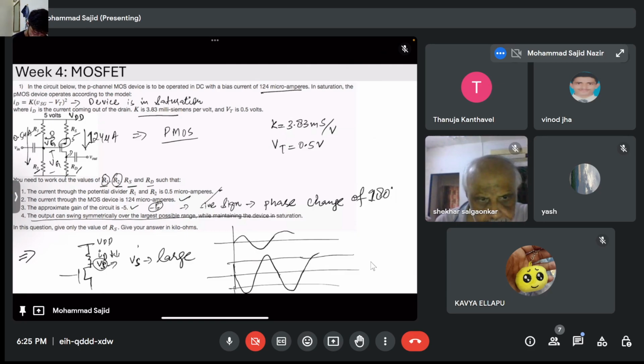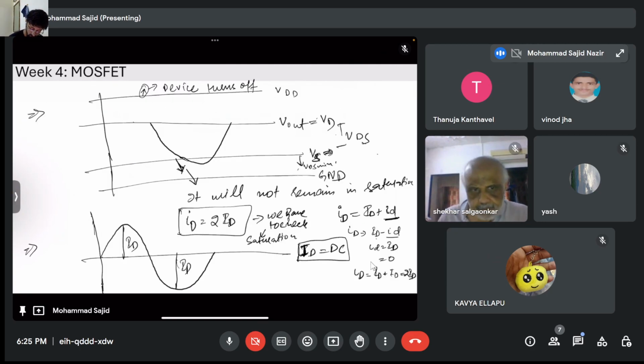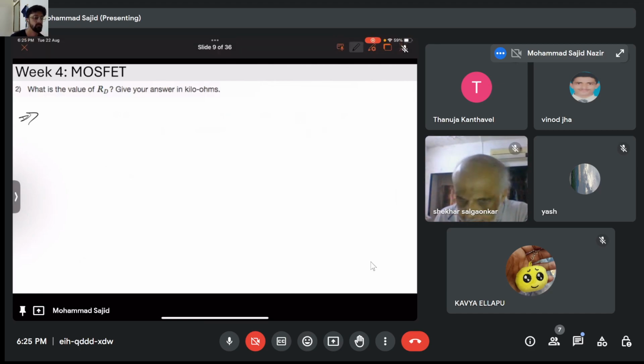Similarly, if high current flows, VS will be less, right? So we have to impose this condition to check that your device should always be in saturation, right? So that condition is you have to check at this condition.